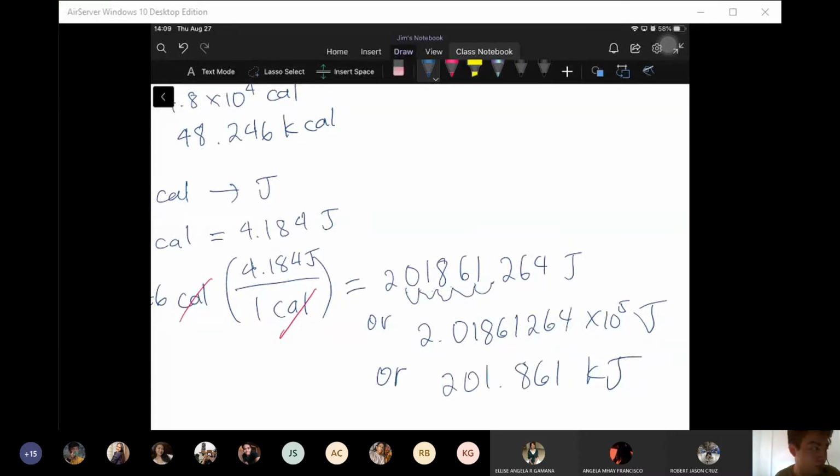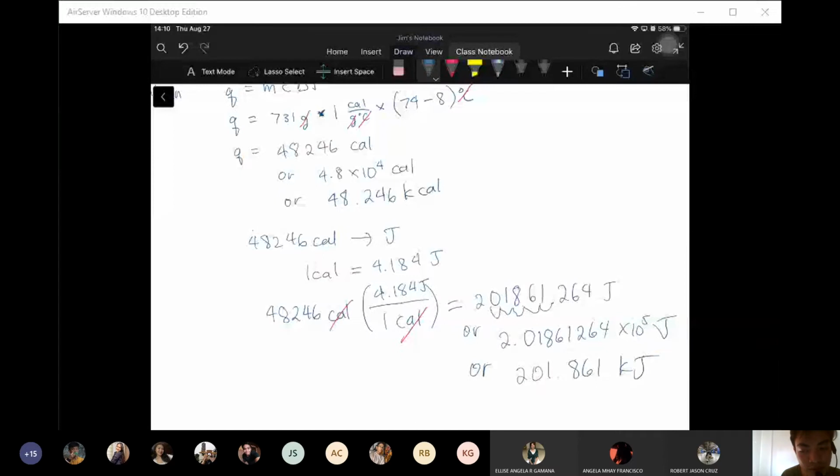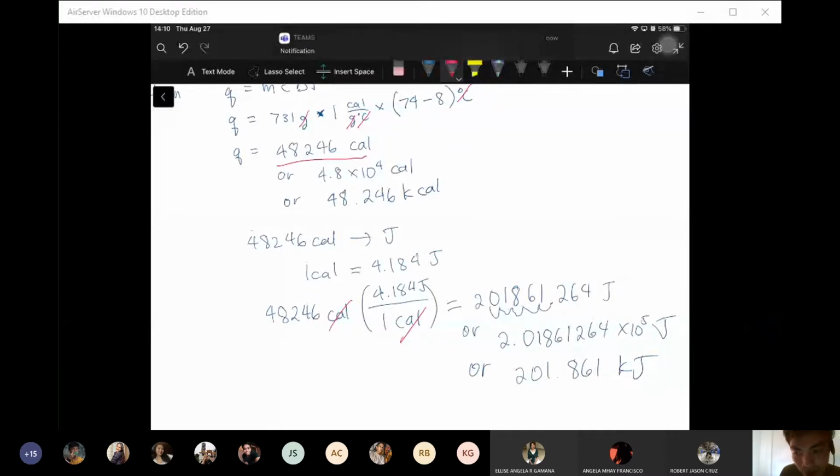Ibibigay naman sa inyo sa problem kung ano yung unit. Sasabihin doon, express the answer in joules, express the answer in kilocalories, express the answer in two significant figures. Sa scientific notation niyo lang yun. For example, you're going to write this number into scientific notation na two significant figures.